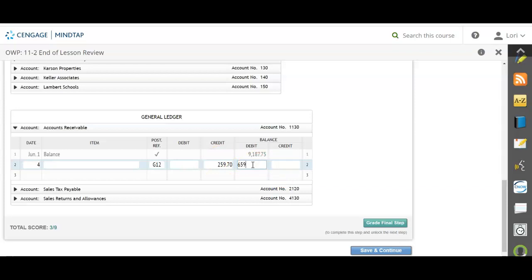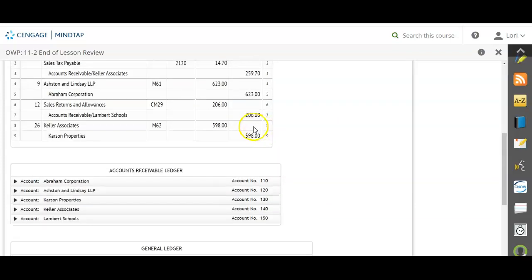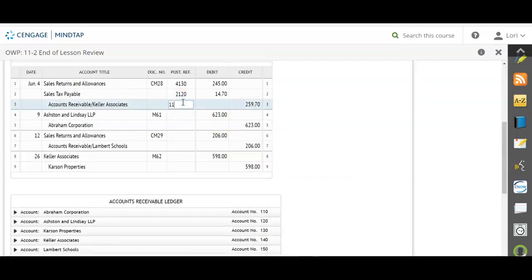Let's see if I can do this right. $9,187.75 minus $259.70 is $8,928.05. 1130 needs to go right here.